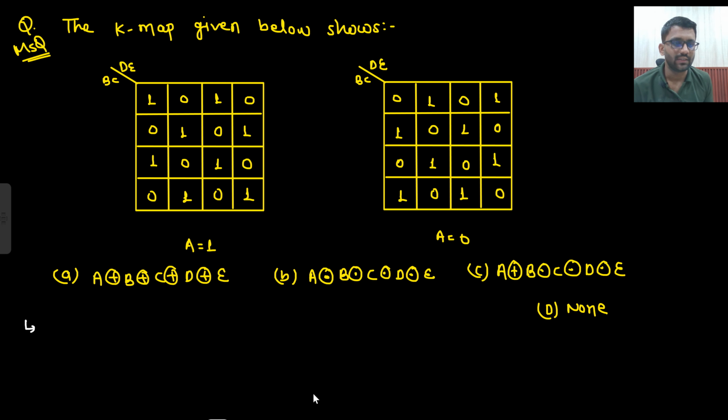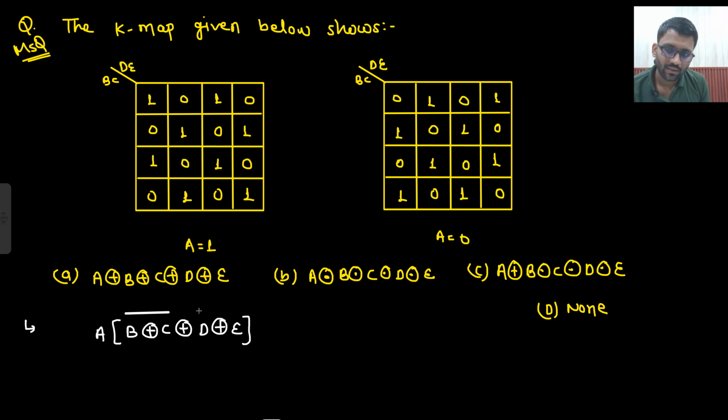If A is 1, A bar is 0. So if A is 1, what you are getting? This is B XOR C XOR D XOR E bar, right? Plus, if A is 0, that means A bar. So if A is 0, what you are getting?